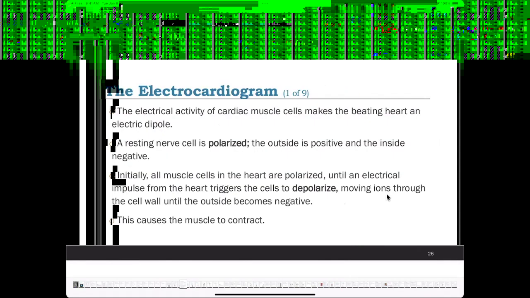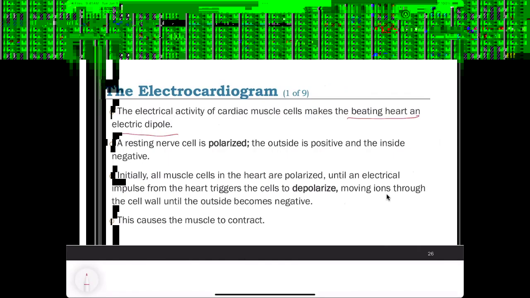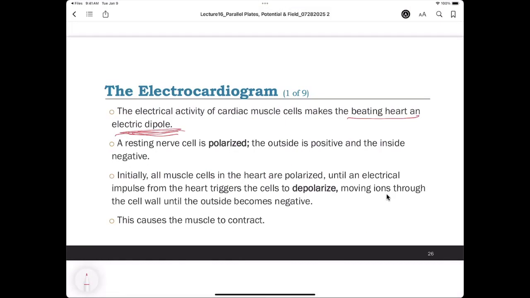The first one is that the electrical activity of cardiac muscle cells makes the beating heart an electric dipole. I think we have already talked about this. You can review what we talked about in the last class. Also, we will talk about more later.